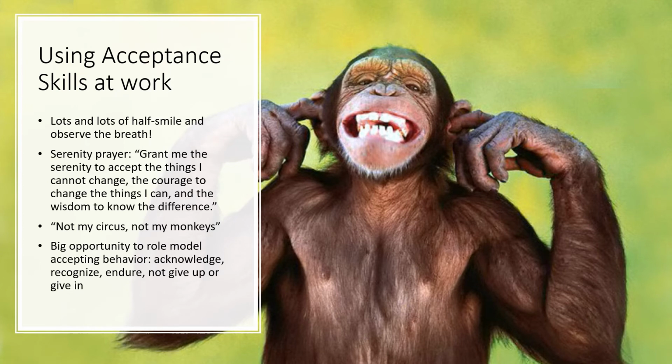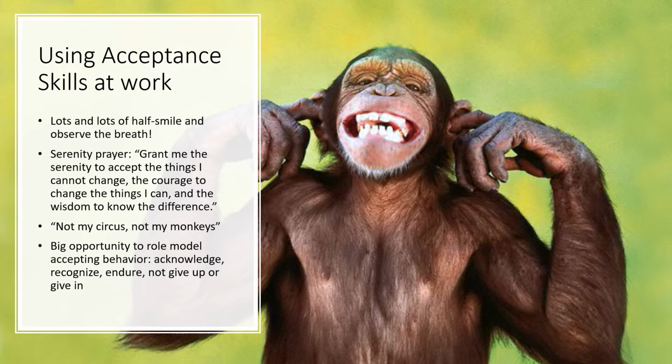Using acceptance skills at work. So I found that I use half smile and observe the breath lots and lots of times in the week, especially when I was working on the floor and things were not going how they were supposed to be going. When you work with teenagers, you're not going to be able to control what they do a lot of the time.